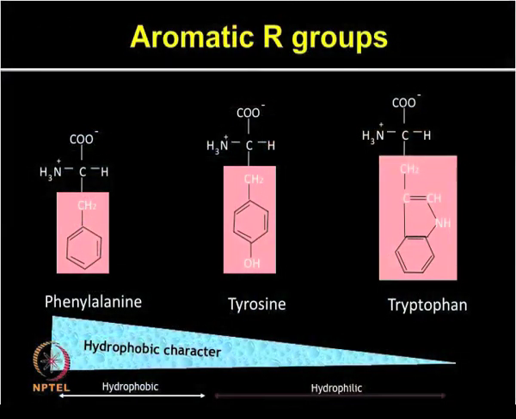The next category is aromatic R groups. In this one, there are 3 amino acids: phenylalanine, tyrosine and tryptophan. Phenylalanine contains a phenyl ring, tyrosine has one reactive hydroxyl group, and tryptophan contains an indole ring, 2 rings which are fused.